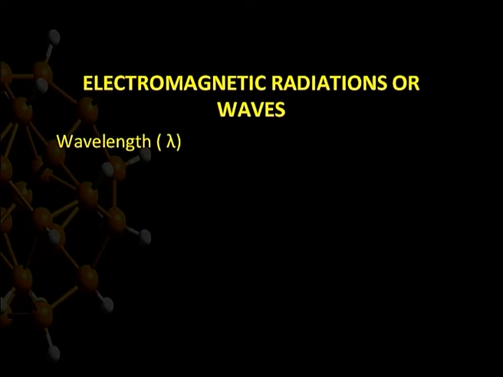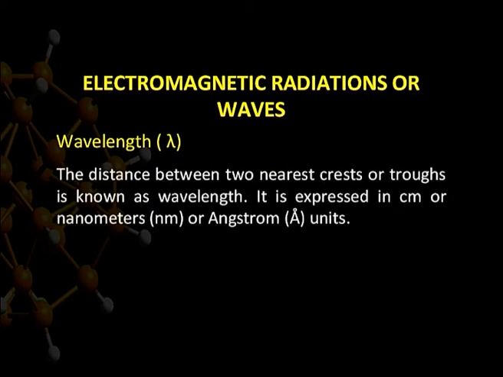Wavelength is denoted by lambda. The distance between two nearest crests or troughs is known as wavelength. It is expressed in centimeters, nanometers or angstrom units.